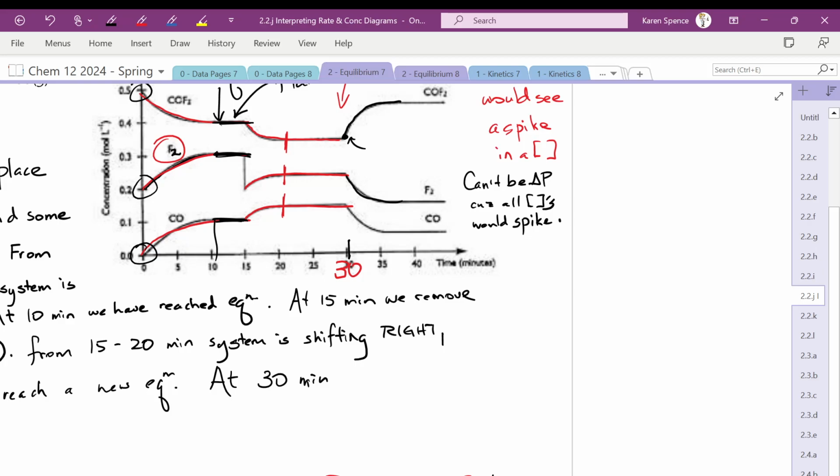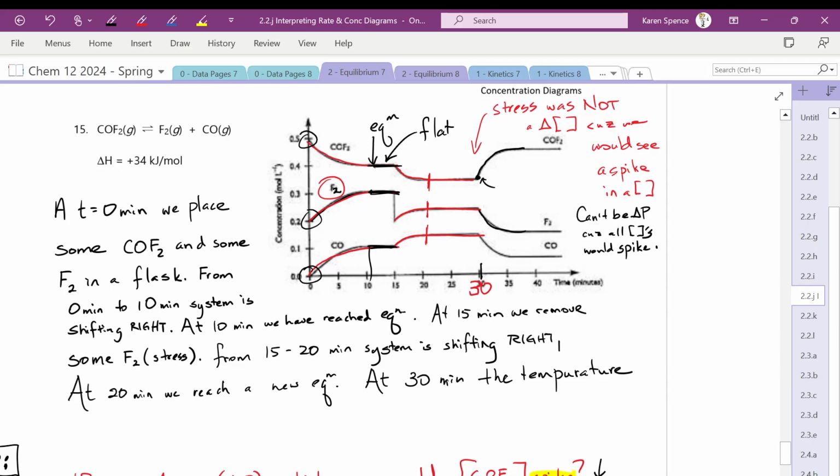Does that make sense? Good question, though. So at 30 minutes, the temperature must have been increased or decreased?